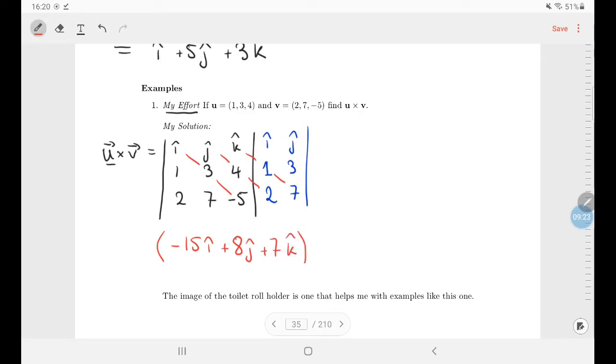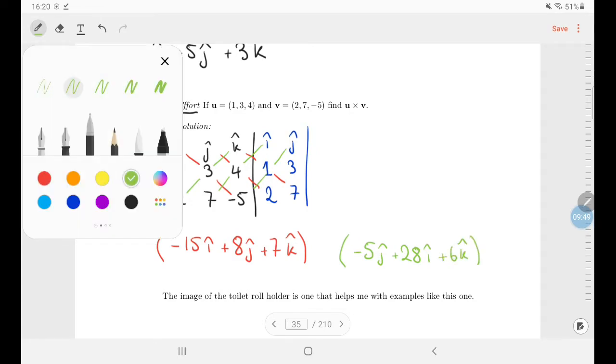Okay, take away the left-hand diagonals: J by 1 by minus 5, I by 4 by 7, K by 3 by 2. So J by 1 by minus 5 is minus 5J. I by 4 by 7 is 28I. And 3 by 2 by K is 6K.